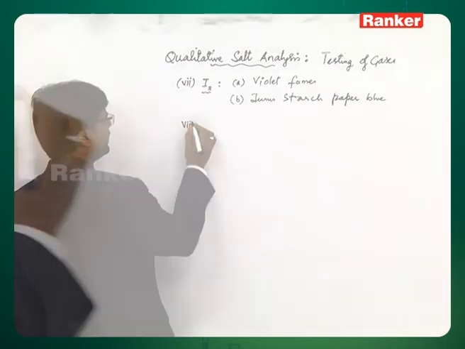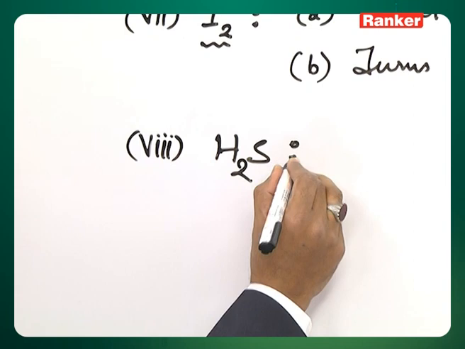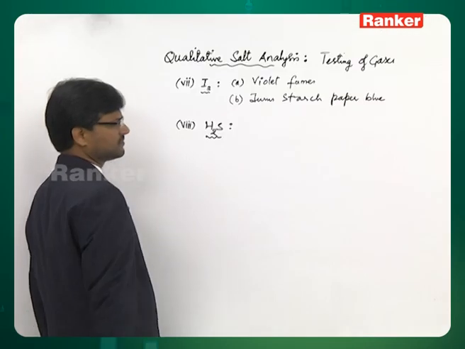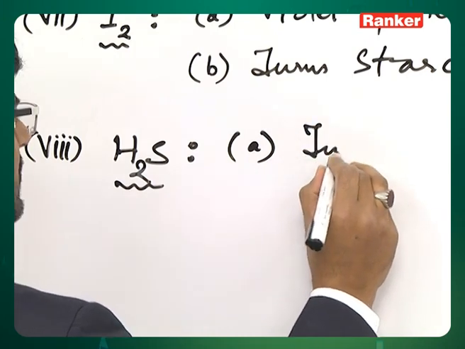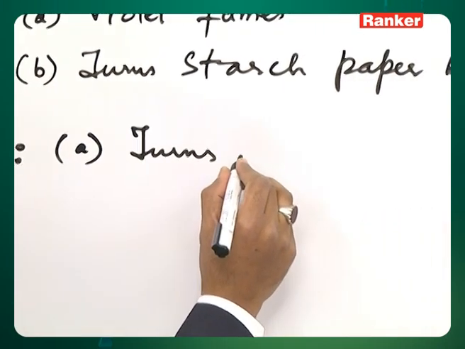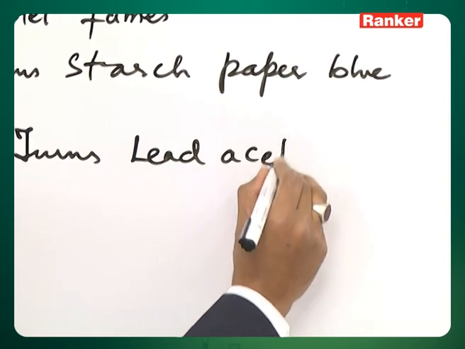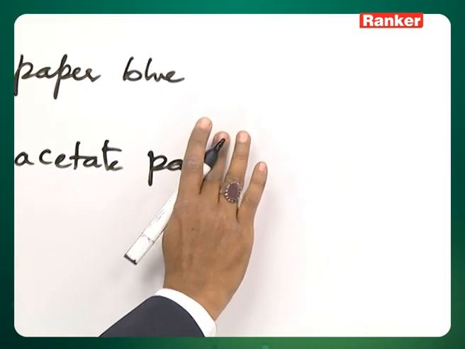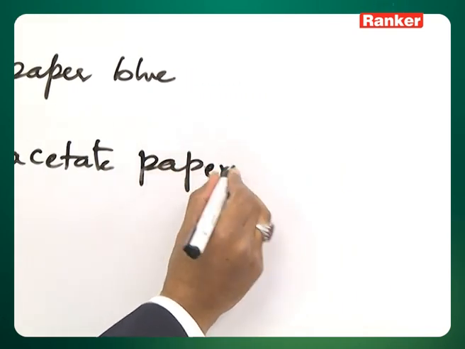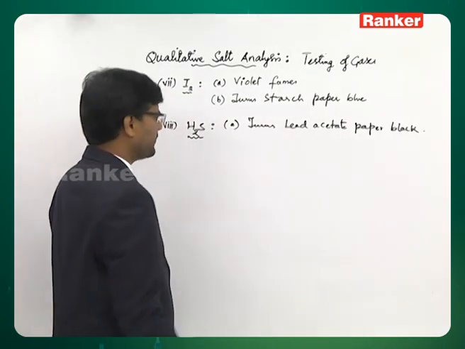The last one, number 8, testing of H2S gas. It turns lead acetate paper black.